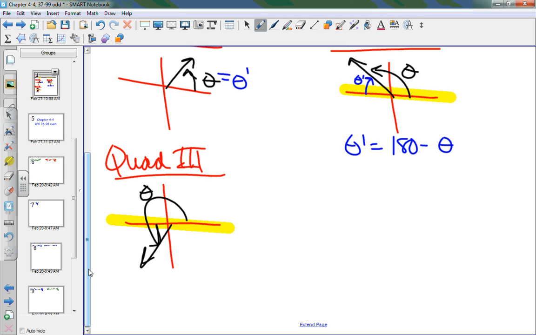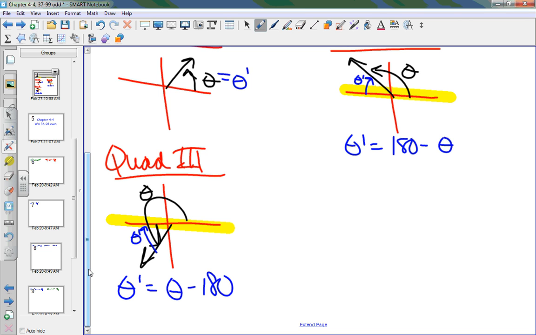It has to be an angle less than 90 degrees, so that's going to be right here. How do I get that? How about theta minus 180? It's a very easy concept, guys. You guys are way overthinking this concept. You're going to take your angle and subtract 180 from it. That's going to give you that little piece, the theta prime angle.